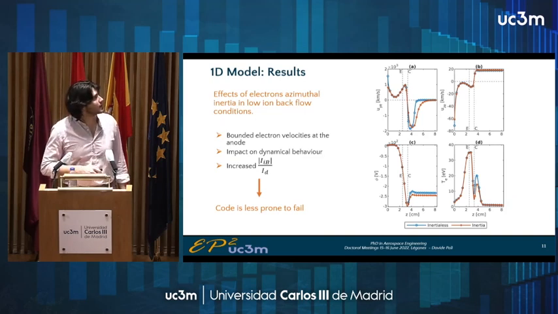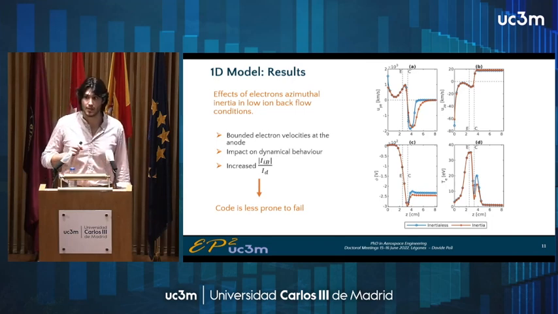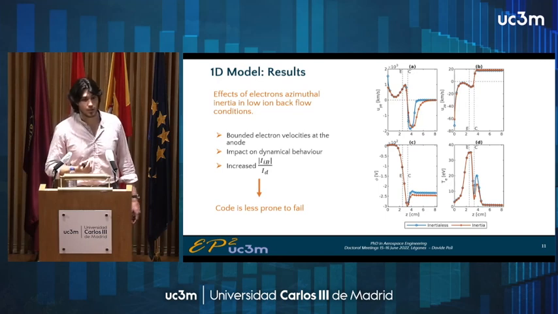Another aspect is the introduction of electron inertia. As you can see, we can see the effects near the anode and near the cathode. In particular, near the anode, it bounds in certain conditions where the ion backflow towards the anode is small, which is a condition while we're going towards a reversed sheath, anode sheath condition, or no sheath.